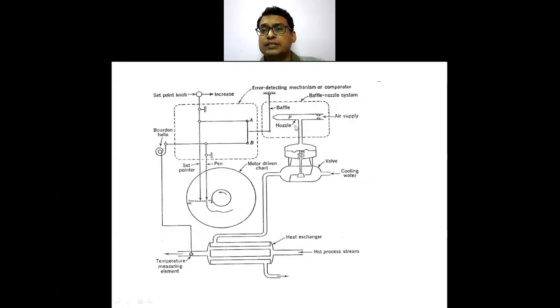So this is your supply of air from the compressor, and here the baffle arrangement is not shown. It is with the Kc values, the gain values, then the baffle arrangement is provided. So this output pressure is going to a control valve.